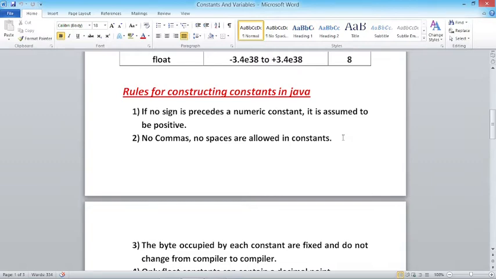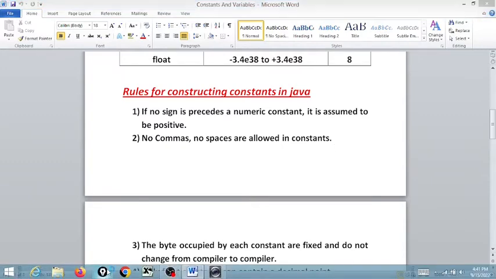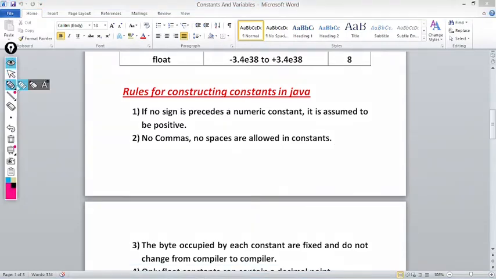Getting my point? Next, no comma, no spaces are allowed in a constant. What does it mean? Let's take an example here. If I write 100, it is equivalent to +100. If I write 60, it is equivalent to +60.